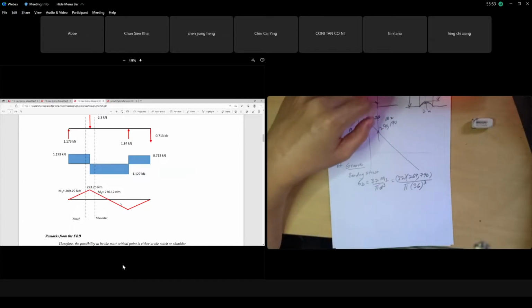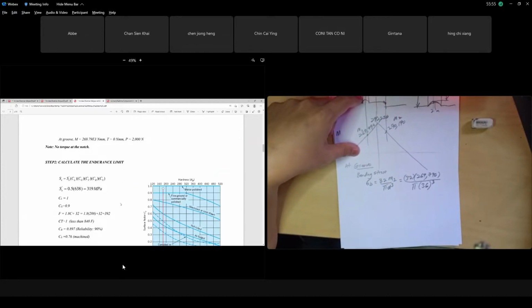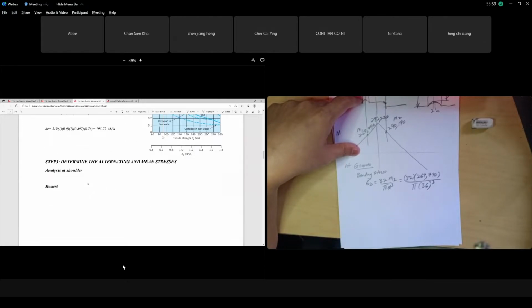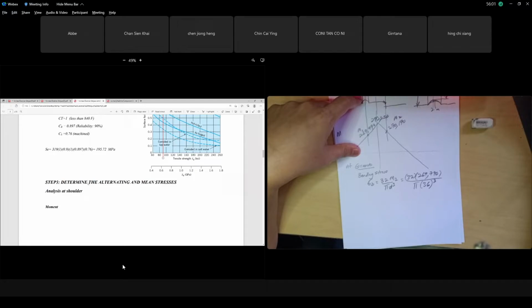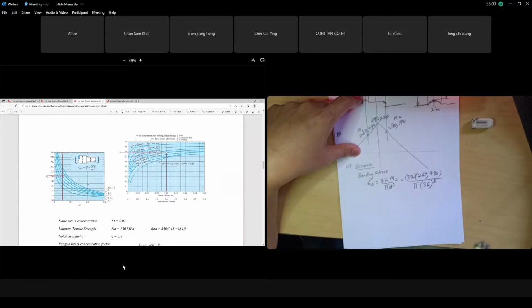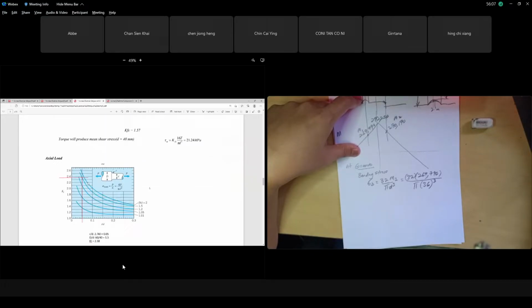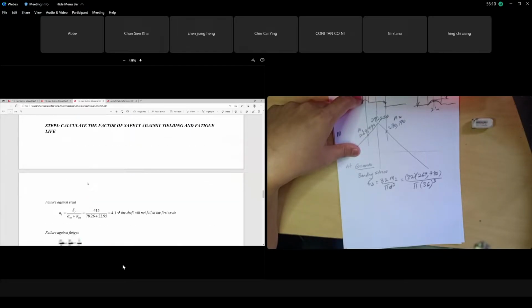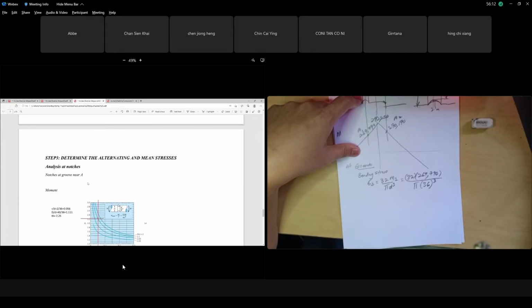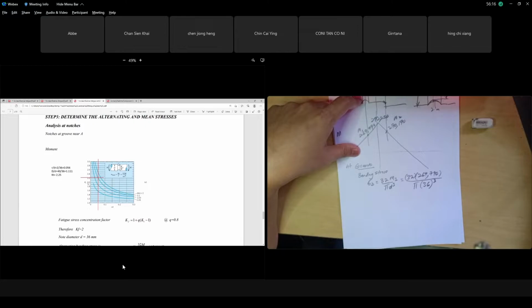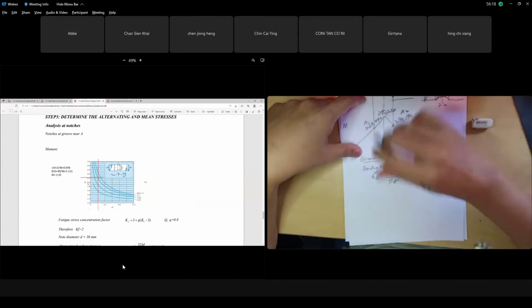At the groove, are you with me, class? My step here, this one does SN first. Actually, you can solve SN later, no problem. This is at the shoulder, the step 3 case at the shoulder. I'm talking about the groove first. This one is at the shoulder. I focus on the groove first. It's the same. Okay, this is at the notch. This is the groove at the notch. You look at step 3, this notch. Class, are you watching?